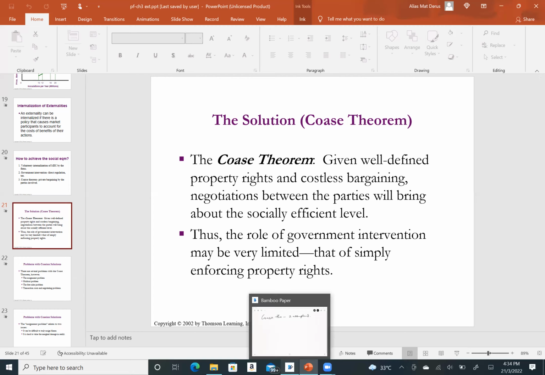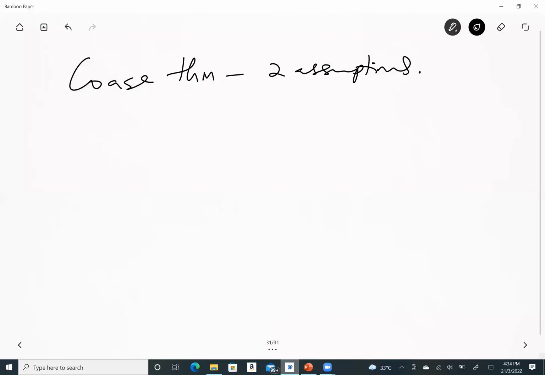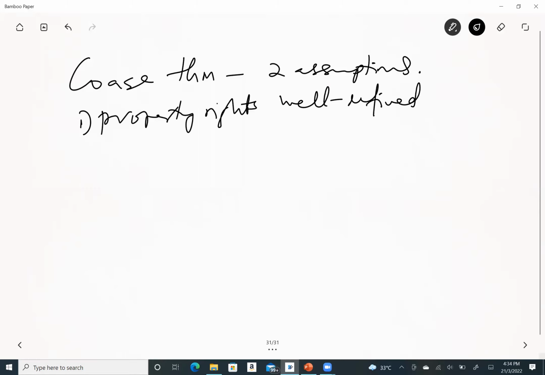Okay. Alright. Coase theorem has two assumptions. Number one, you have to have property rights. Property rights must be well defined. What is a property right?